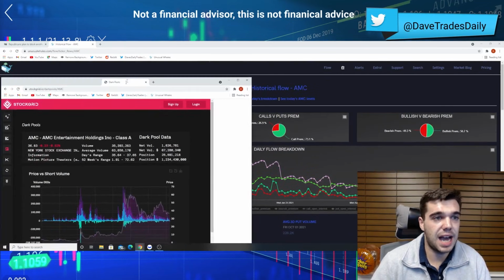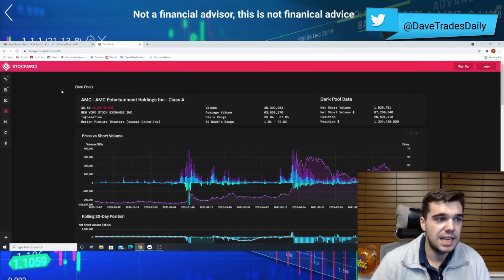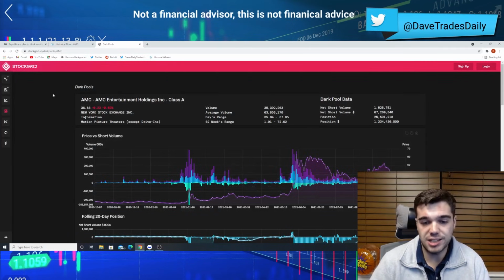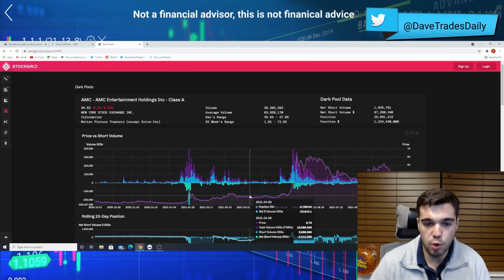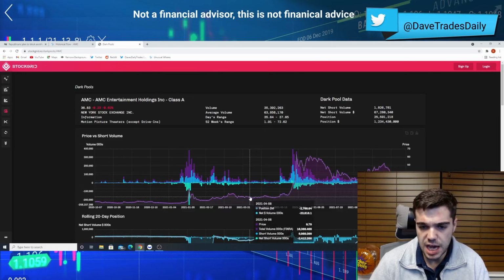Now, the biggest thing I do want to talk about today is the dark pool data that's coming out, because this is something that I truly believe is very good news for the AMC apes. We want to look at the inflow and outflow in the dark pools. You can see the blue, it says position in millions.